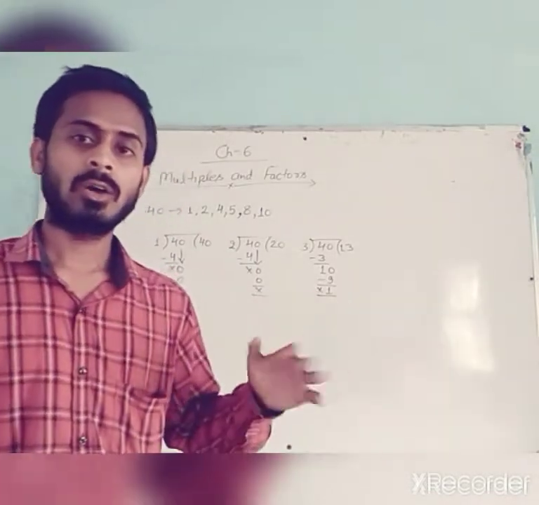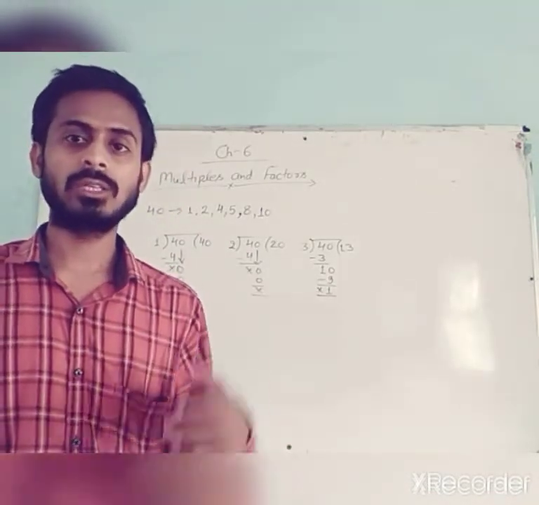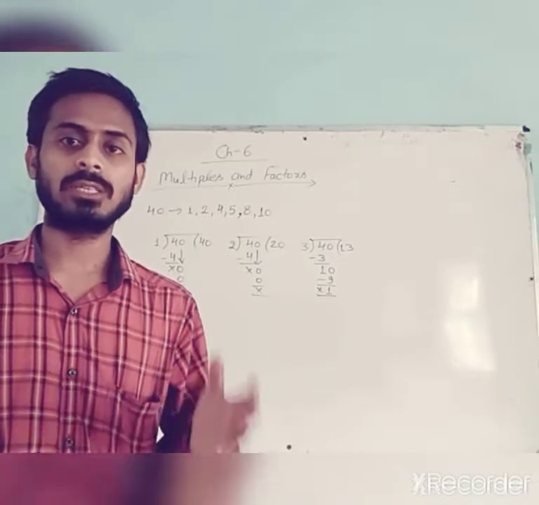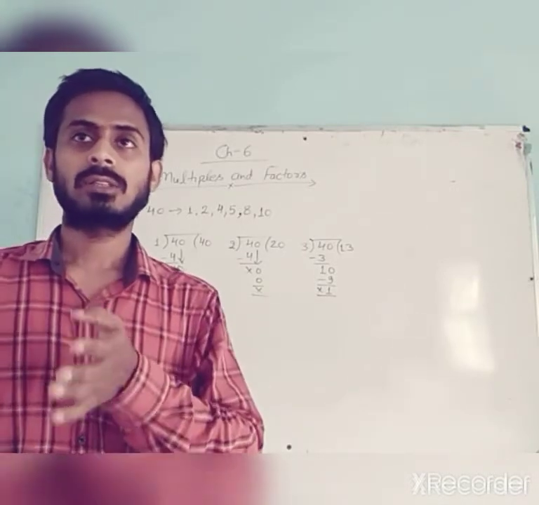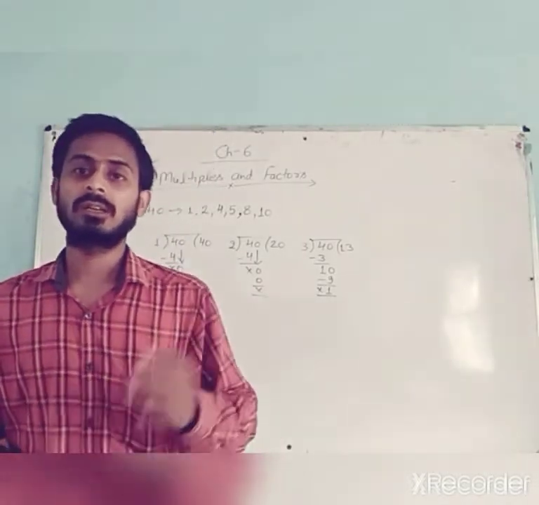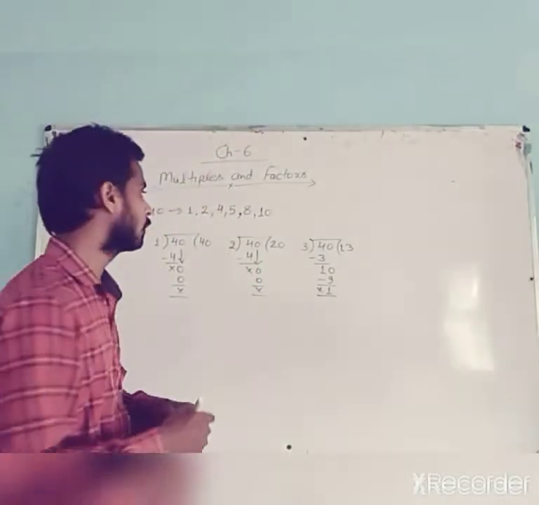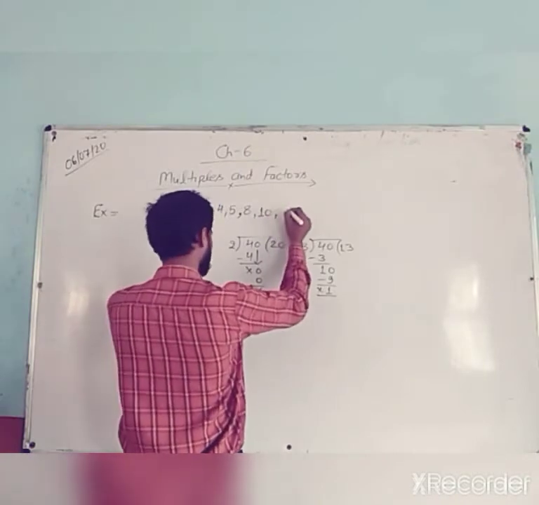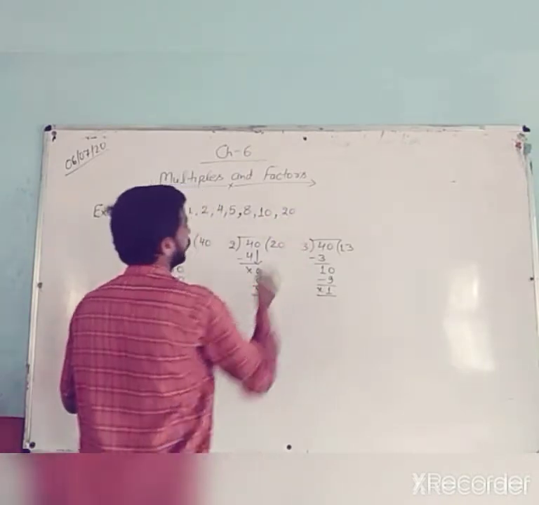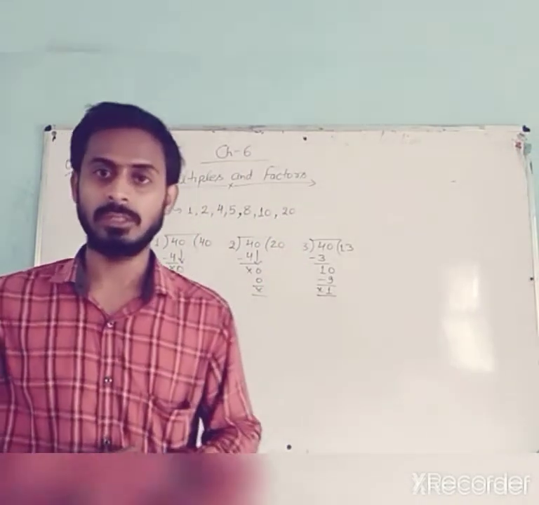Similarly, 11 is not a factor of 40, and 12 is also not a factor of 40, because 11 4s are 44, 12 3s are 36, 12 4s are 48, 13 3s are 39. The next factor is 20. 2 20s are 40.